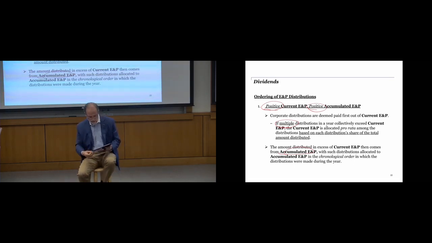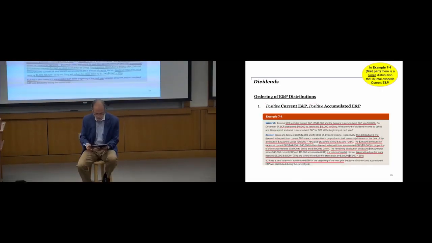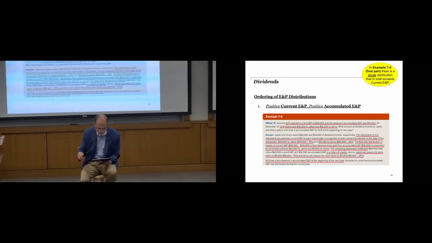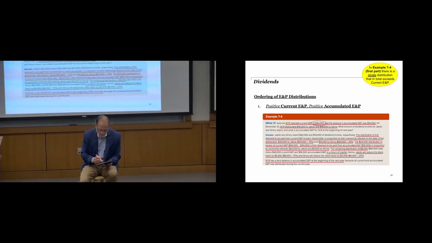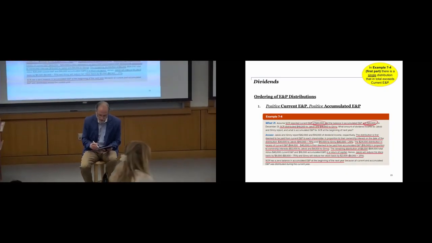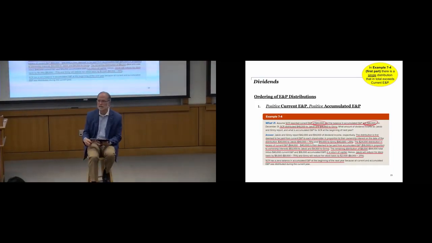So just applying those principles to the last 2 examples. In this example, we had current E&P of 40 and accumulated E&P of 16. So the first thing you've got to do whenever you have an example is ask, what bucket am I in? Well, positive current, positive accumulated, so I'm in the first bucket.